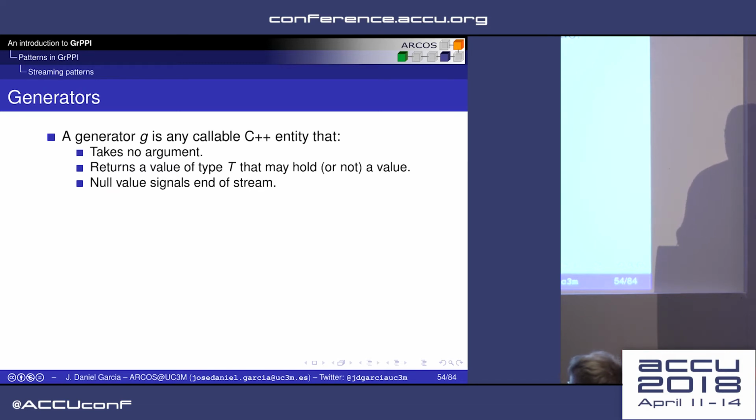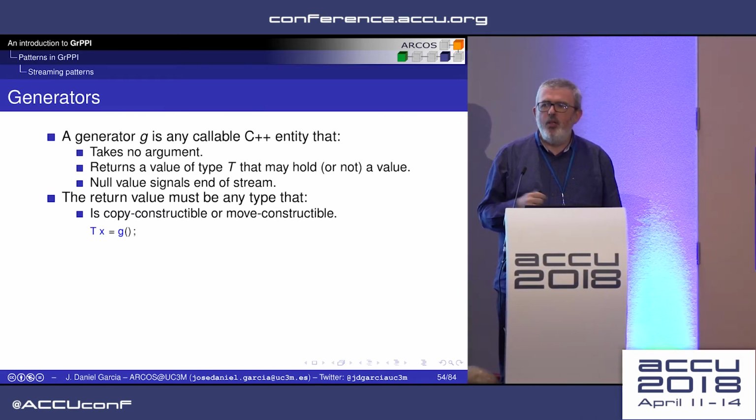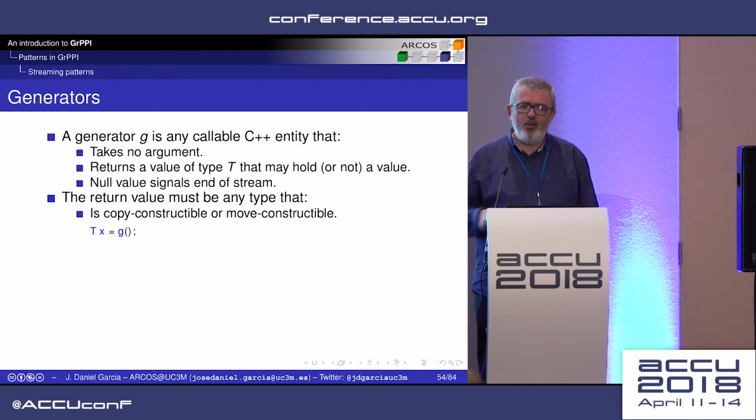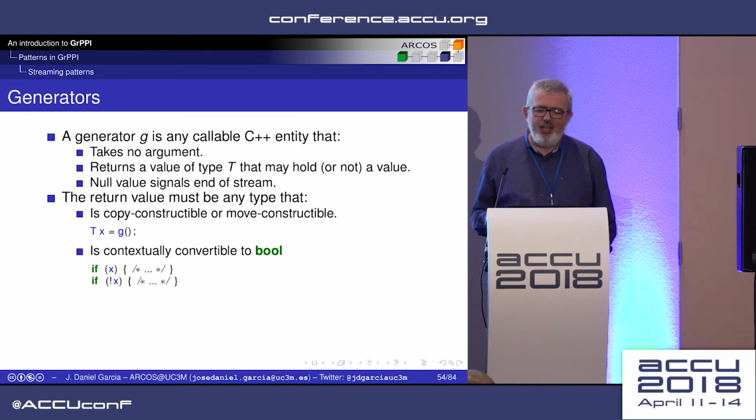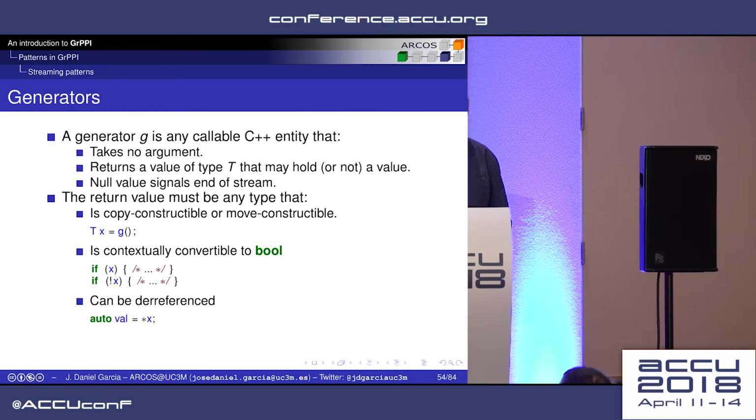The first one is that it should be either copy constructible or move constructible. Also, it should be contextually convertible to bool to check if it is null or not. And we should be able to dereference the type. Well, you probably know some type that fulfills these requirements: optional.